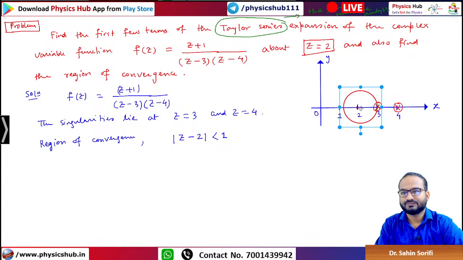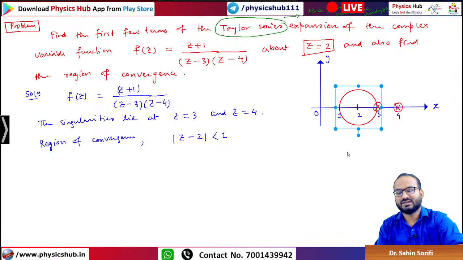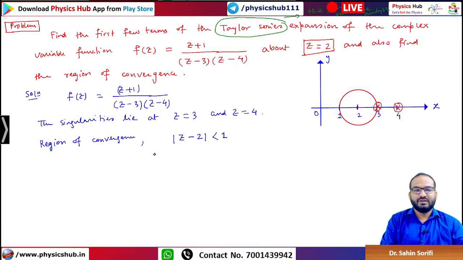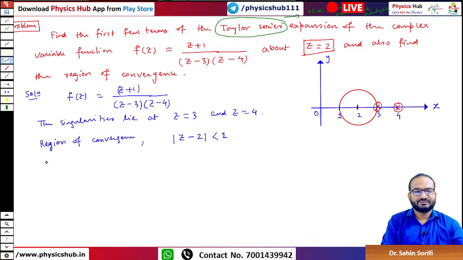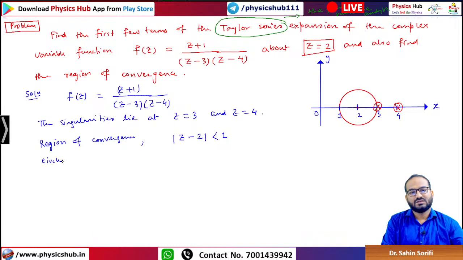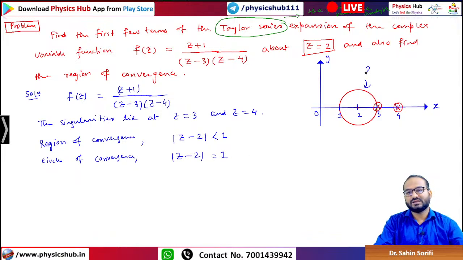You see, is it clear or not? This is the region of convergence, and if it asks you the circle of convergence, it should be mod z minus 2 equals 1. So mod z minus 2 equals 1, this is the circle.